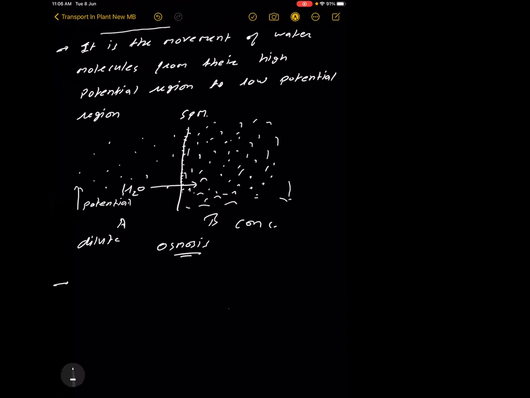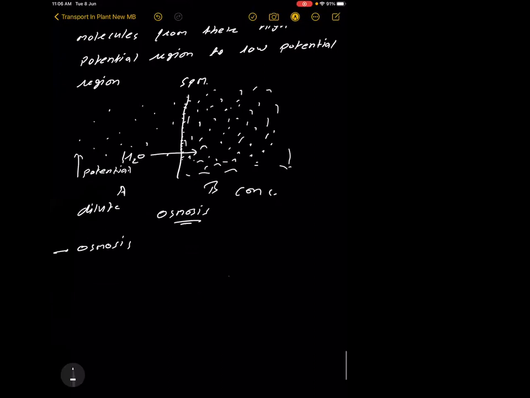Osmosis. Sir, so in boards they'll ask the scientist and discoverer's name. I have no idea about boards, but in NEET it is removed completely.